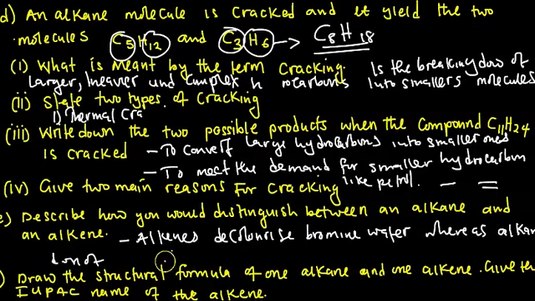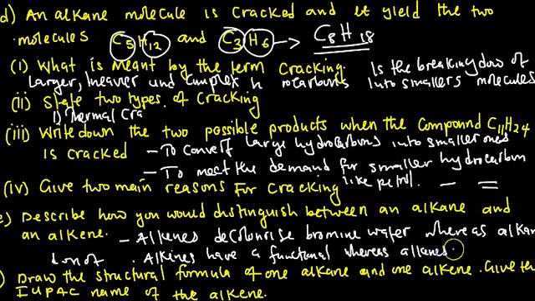Then what is the other one? Alkenes have a functional group, whereas alkanes do not have. So these are the two differences that we can look at, but there are quite a number of them. Do not limit yourself to these.